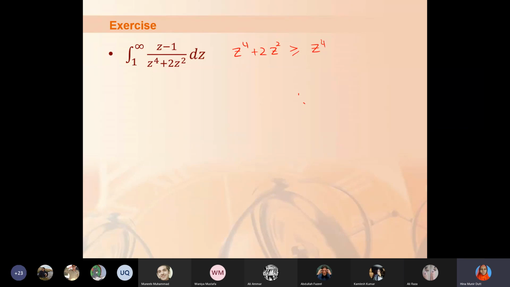Because z is greater than 1, I will add some positive number to z to the 4, which is always greater than z to the 4. So when I take the reciprocal, I can take the reciprocal because both of these two numbers are non-negative, they cannot be equal to 0. I can write it this way. Now what next?